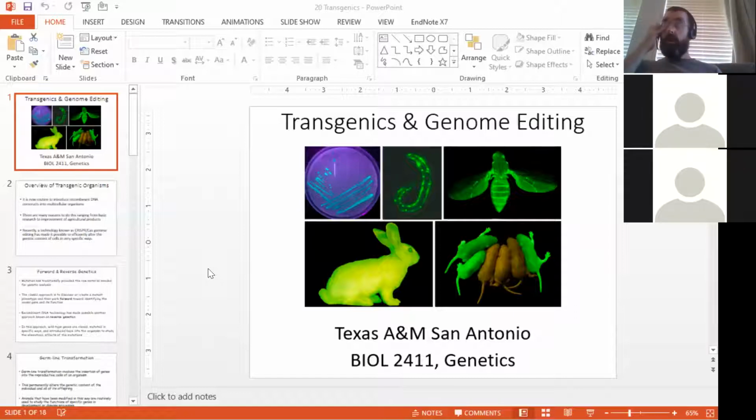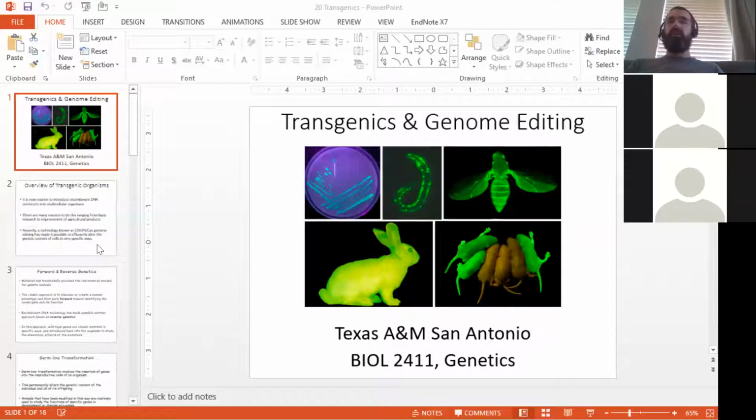And also, you can't do it in living organisms, right? To be able to stain animals, you typically have to kill them, or plants even, right? So being able to look at what's going on in live animals has been a real game changer. So that's just one aspect of transgenics.